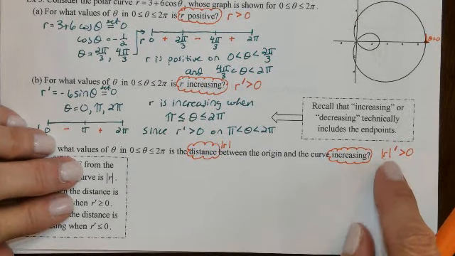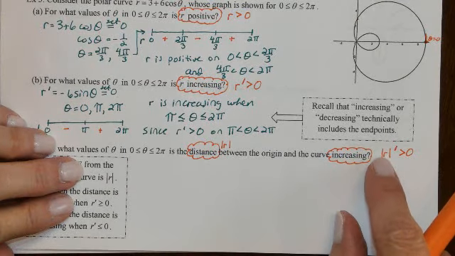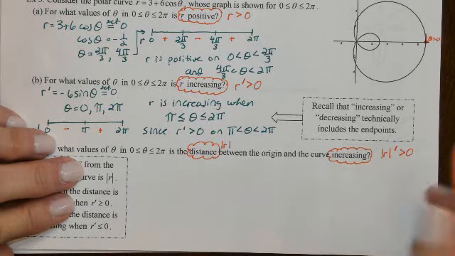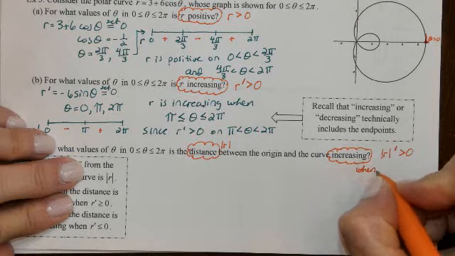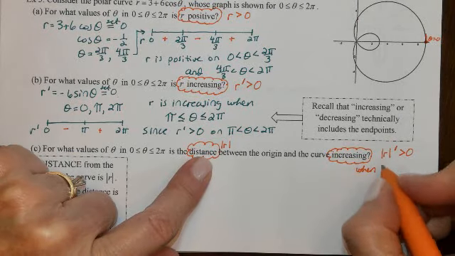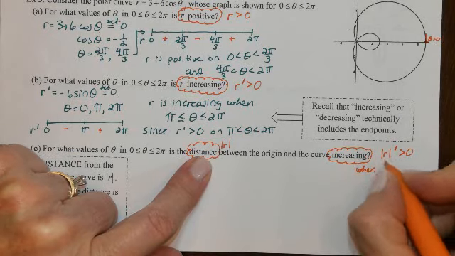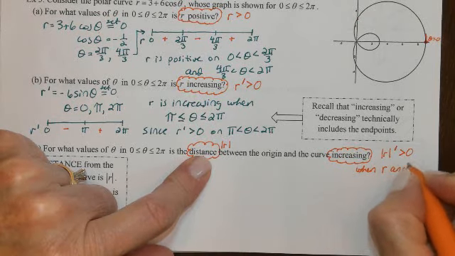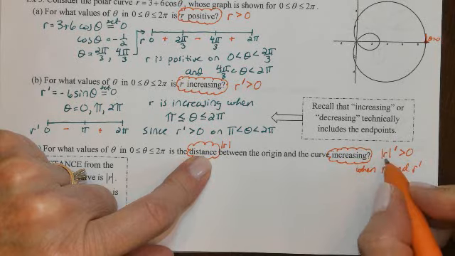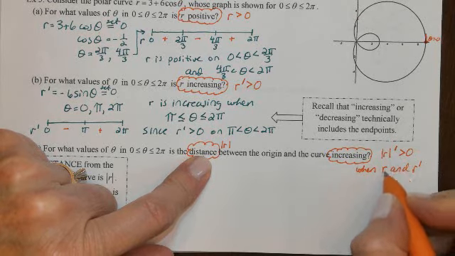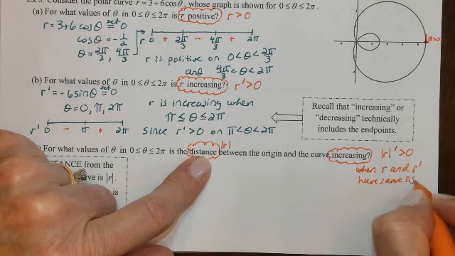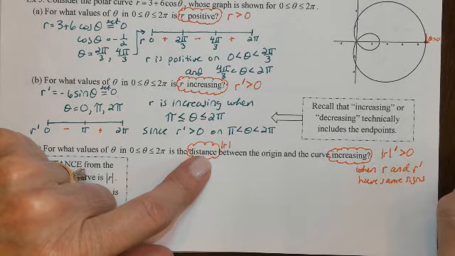The absolute value of r, its derivative is positive when, so the distance is increasing when, r and r prime have the same signs, because we did v and v prime.